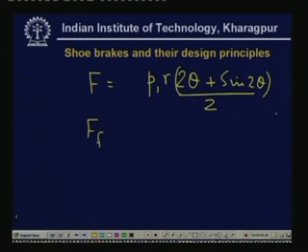I am sorry, this was half, not twice. And F, the frictional force, is equal to twice P1 R mu times sine theta.